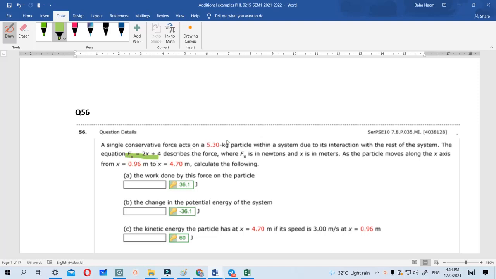This force is a conservative force, the mass is 5.3, and the force equation is as given. As the particle moves between 0.96 and 4.7, this is the initial and this is the final. Calculate the work done by this force. Who does the work? This force. So we have to look at the work by this force.